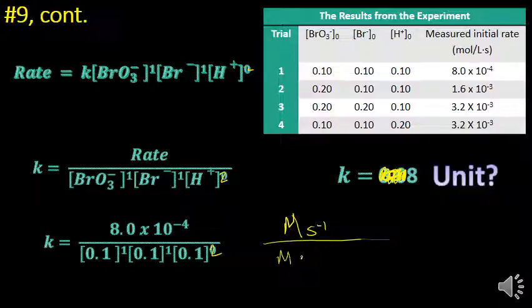Okay? Now let's look at the denominator. Big M times molarity times molarity squared. Good. Morgan, what should I do now? Yeah, that one goes away. Good. So we end up with this.